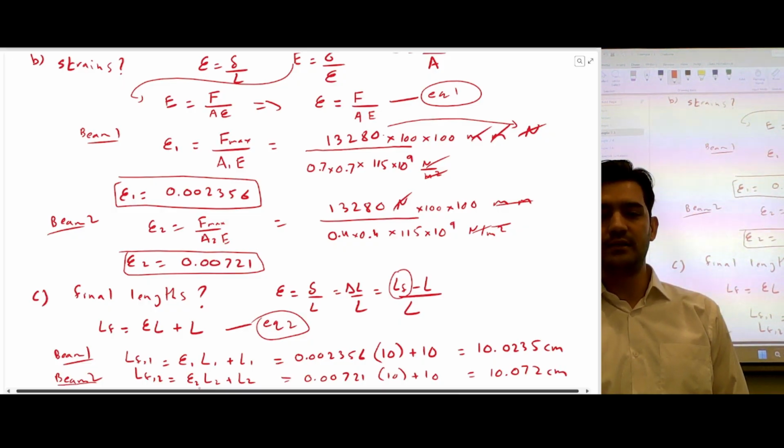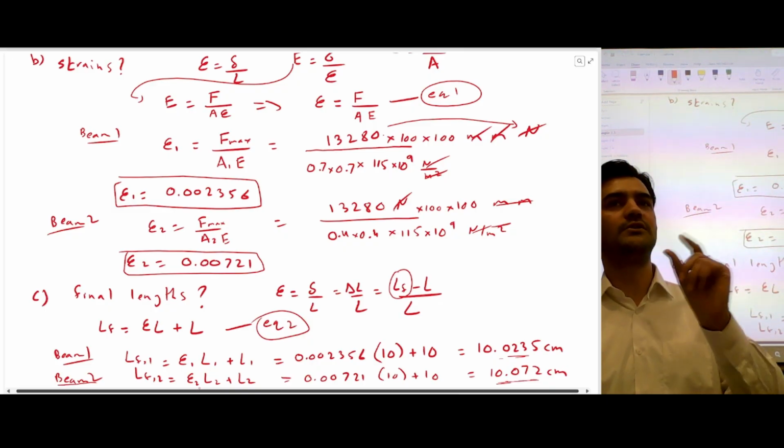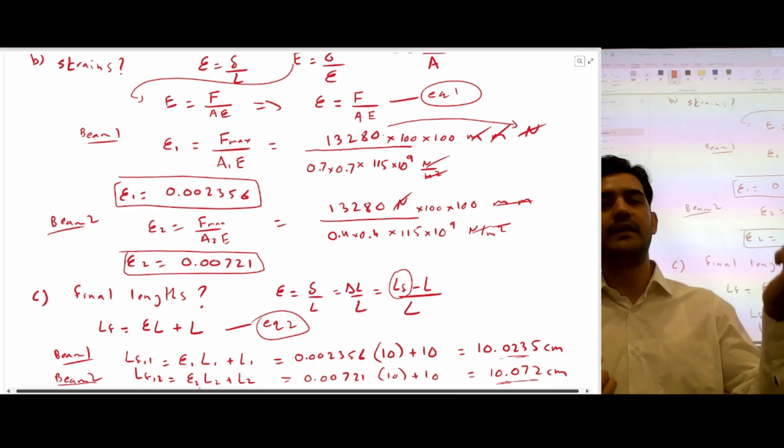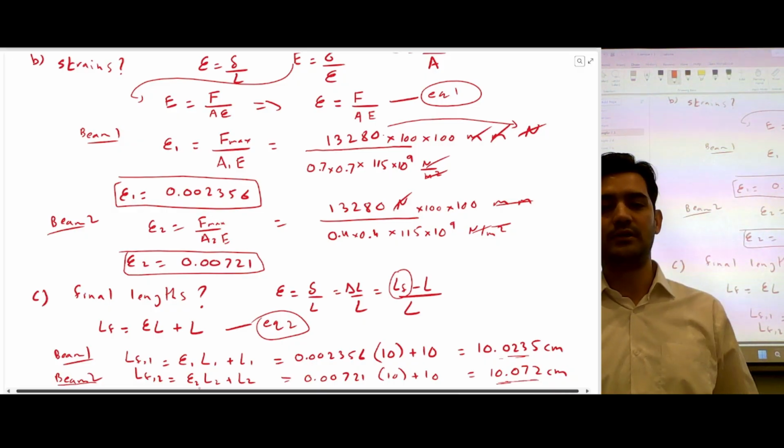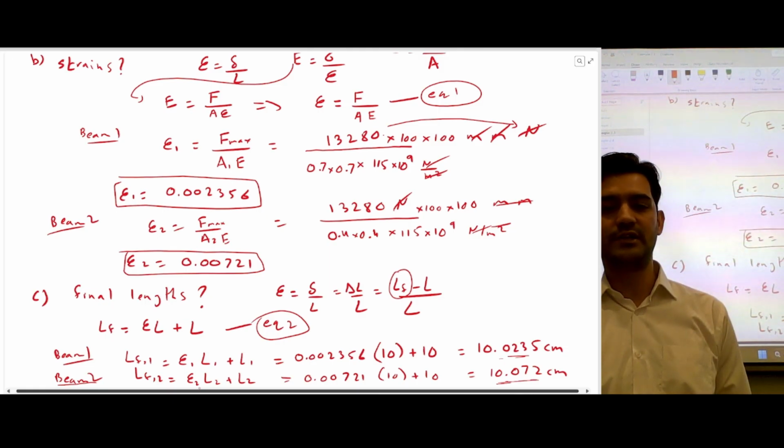You can see the final length for beam 2 is larger than the final length for beam 1, and it makes sense because beam 2 has a smaller cross-sectional area, so it's going to elongate more because it doesn't have that higher resistive cross-sectional area.